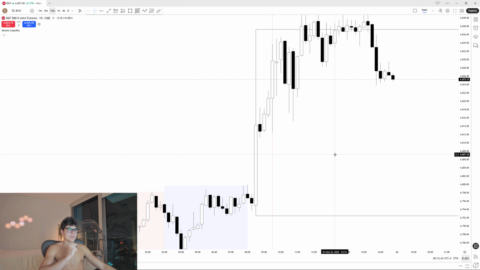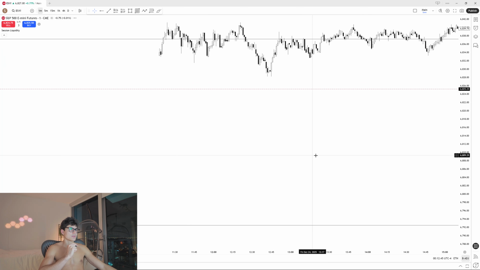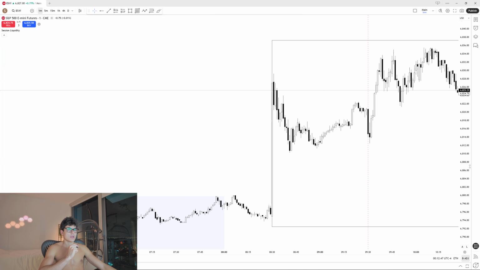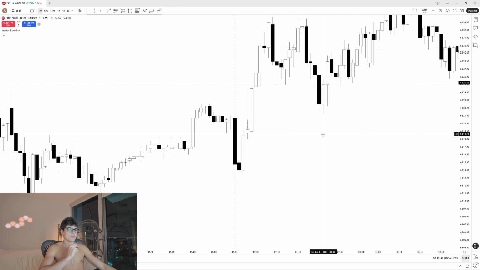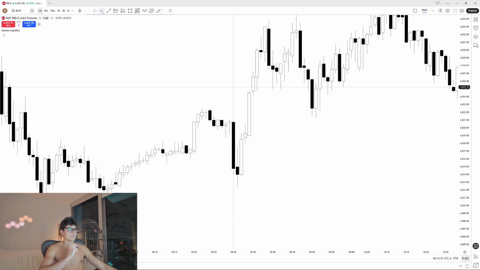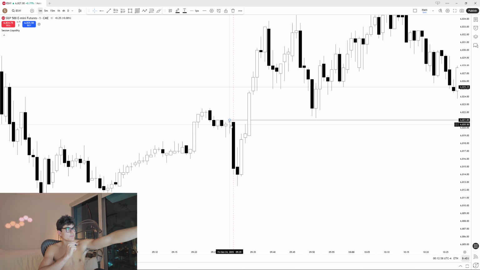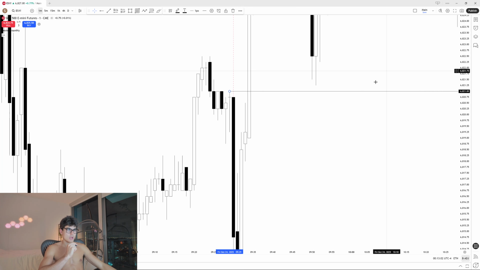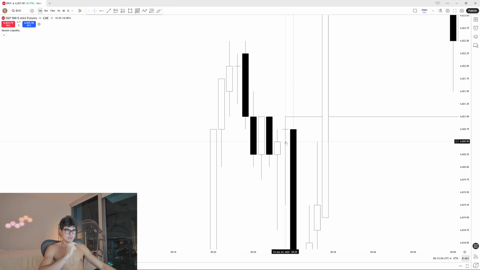Obviously let's go to the lower time frames, because that's how we trade. It's as simple as this: this is a high, because as you can see, if I hover over it, top left, it says plus 0.25. So it was a slightly up candle. If I zoom in really close, you'll see that the candle opened here, normally it's supposed to open here, and then it went up there.